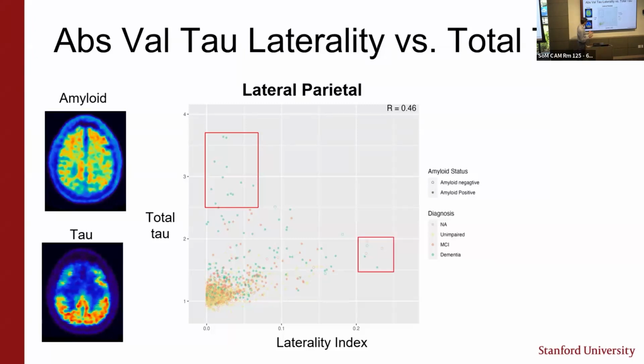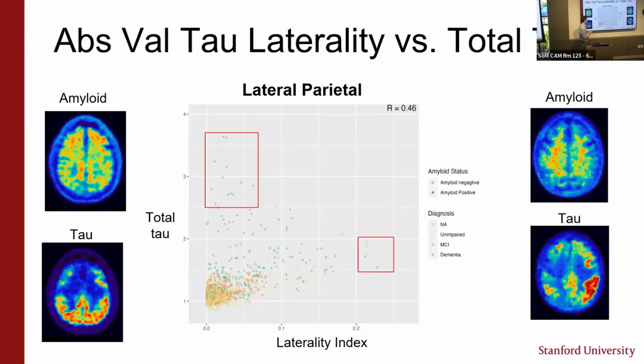Now, if you look at individuals on this bottom right part of the graph who have high laterality and moderate amounts of tau, they tend not to have a ton of amyloid. A lot of that is non-specific signal, and their tau signal is very asymmetrical. A lot of these individuals are also amyloid negative, which is a little confusing because traditionally we think you need amyloid before tau in the Alzheimer's disease course, but more on that later.